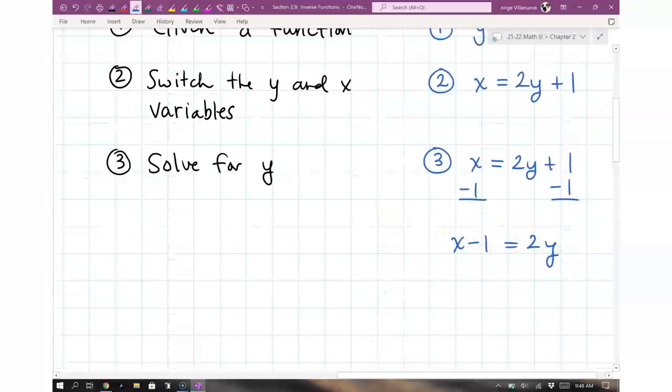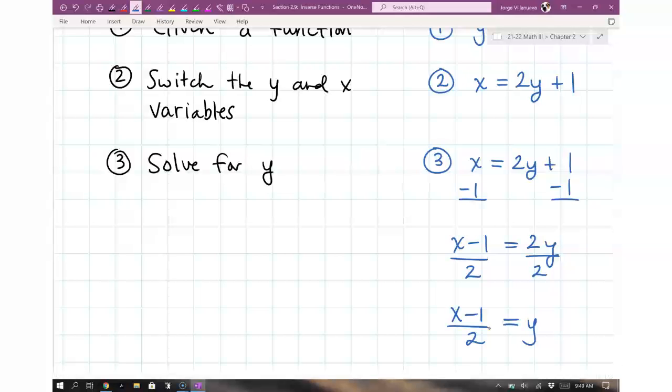And then to solve for y, I'm going to divide everything by 2. So here's my equation. y is equal to (x minus 1) over 2. So that's step 3. That's the longest of all the steps, because that's the one where you actually have to move things, manipulate the equation and stuff like that. But you're just solving for y.